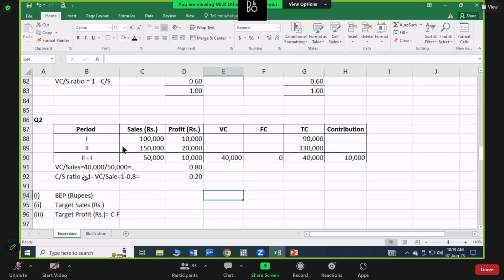So now you can calculate that CS ratio is 0.2.